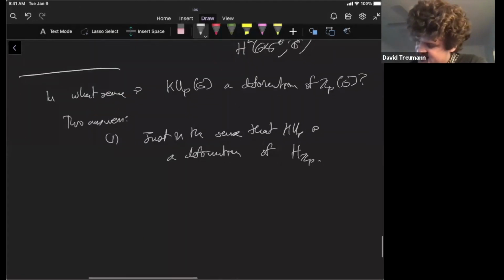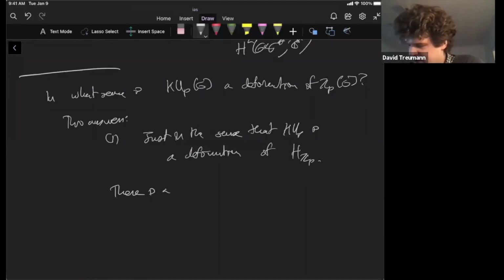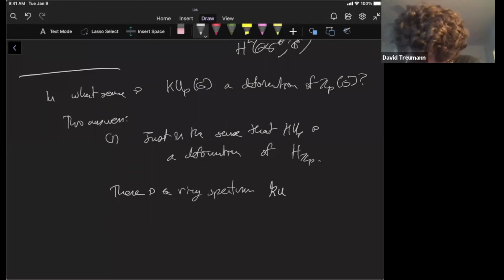There is another ring spectrum called connective K theory, traditionally written in lowercase letters. It's called KUP.